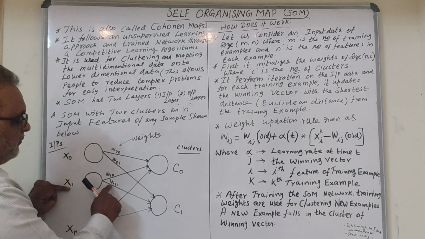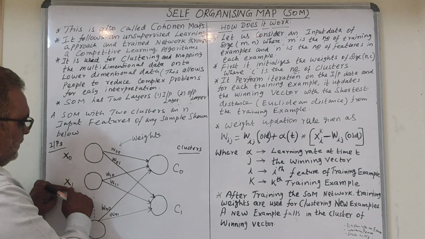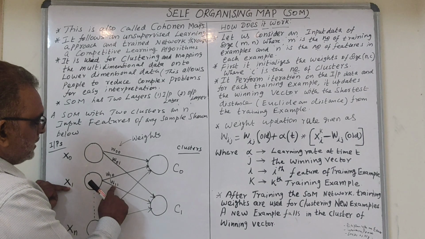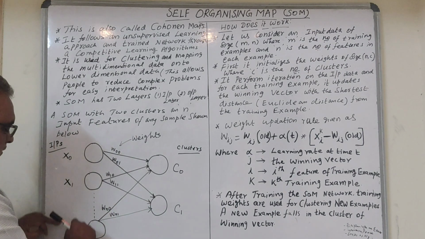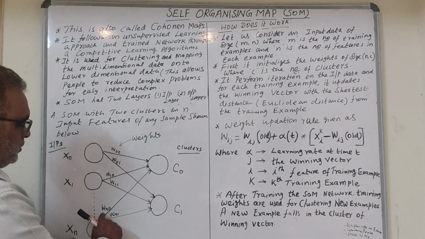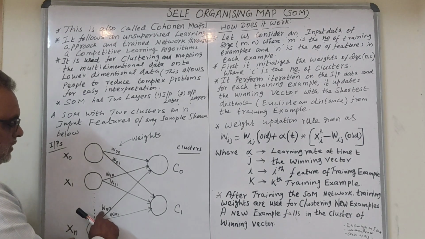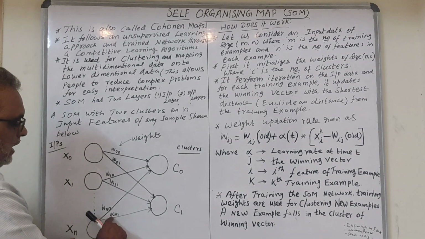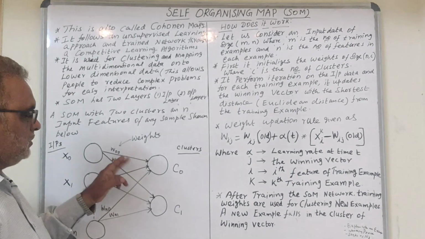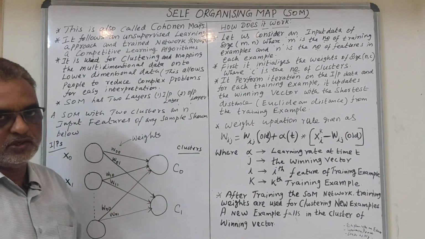Similarly, the weight of data 1 connected with cluster 0 is W10, and the weight of data 1 connected with cluster 1 is W11. Similarly, let us consider we have n number of data, so the weights are given as Wn0 and Wn1. The second value represents the cluster.